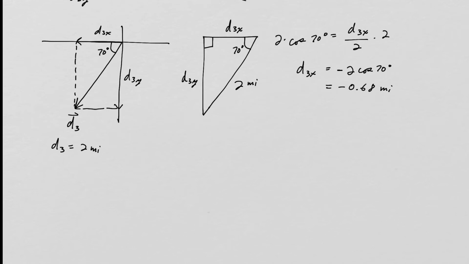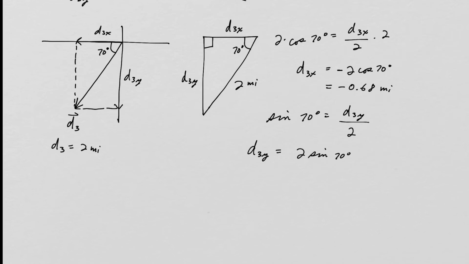And then to get the y, how does this relate to the angle? Well, it's opposite, and this is hypotenuse. So what trig function relates opposite and hypotenuse? That's sine. So I know that sine of 70 degrees equals d3y over 2. And if you solve this for d3y, it's 2 times sine of 70.